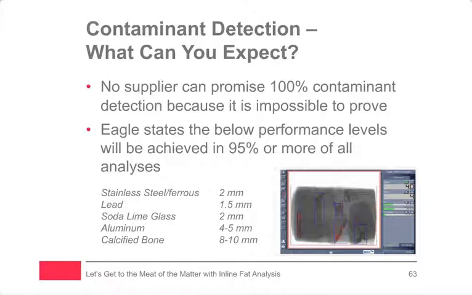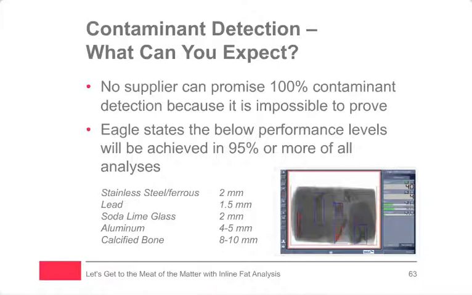When thinking about contaminant detection, it's important to understand what level of performance you can expect. No supplier can ever promise to identify 100% of the contaminants in your production line because it is simply mathematically impossible to prove. Therefore, Eagle states that the performance level you can expect will be in 95% or more of all analyses performed.